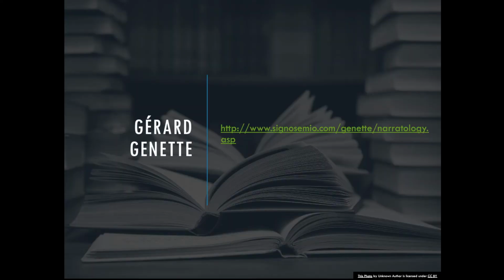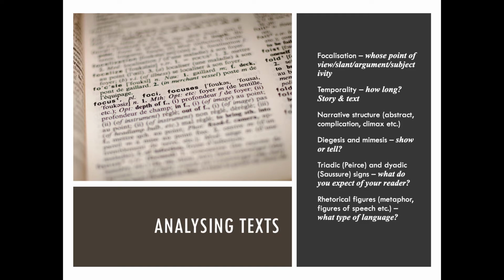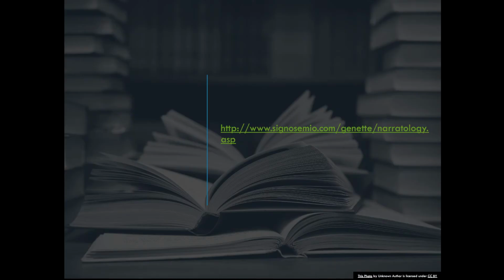Okay, so this idea of focalization that's in that slide at the top, and temporality, those are both ideas from Gérard Genette. If you follow that link there, you will find there's a great deal about Genette, and you can Google him.